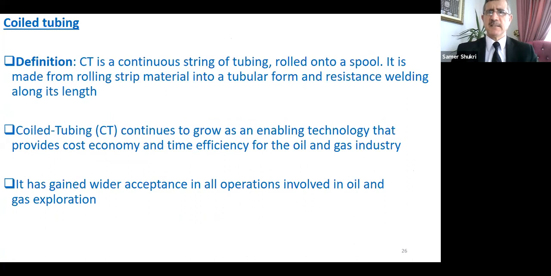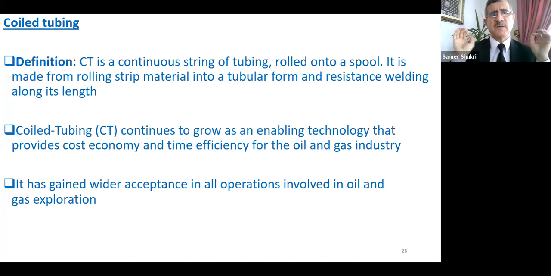This metal is made up and welded in the factory by the manufacturer, then inspected and tested. After all of these checks, we choose the required length, for example 20,000 feet, then send it to the end user, say Schlumberger or Baker Hughes or whoever, and they can use it with this length.